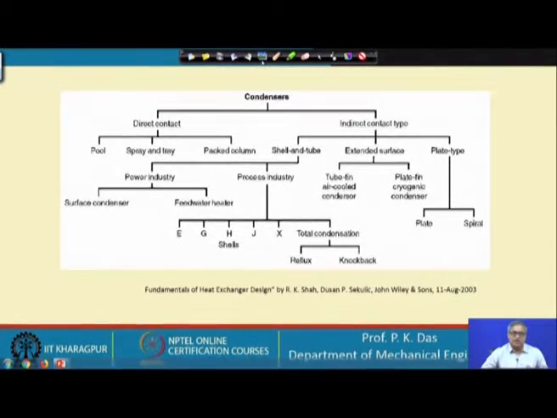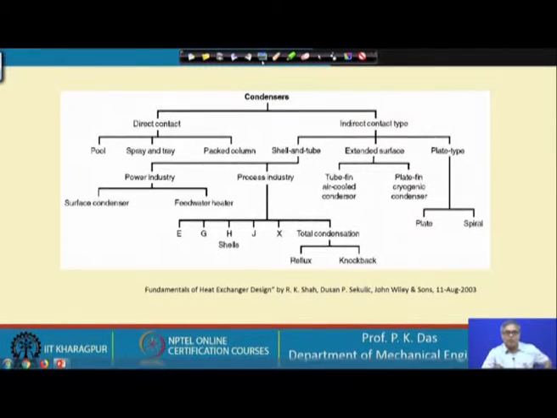Probably we will touch upon the reflux condenser to show what it is. So, shell and tube heat exchangers are used in power plants, and in different chemical and process industries, petroleum refineries, etc., and different kinds of designs are possible. Now, in large air conditioning plants, particularly for chillers, shell and tube heat exchangers are also used.